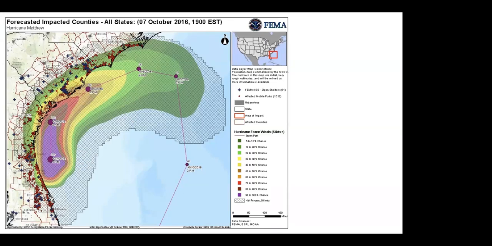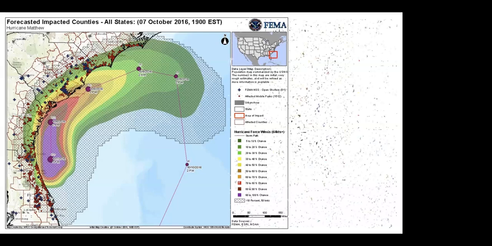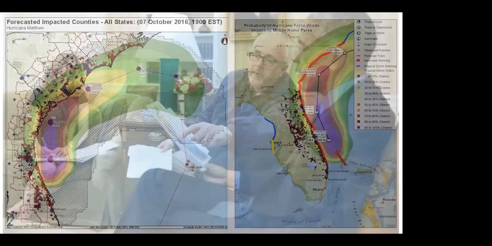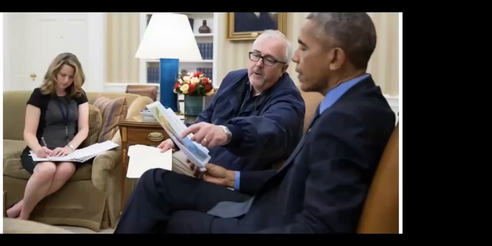And the question was, if Matthew comes, how many mobile home parks are going to be affected? So they said, we need this map. It's very urgent. So we helped them create that map. The next morning, Chris sent an email with this picture saying, you guys did great. It's a good day.